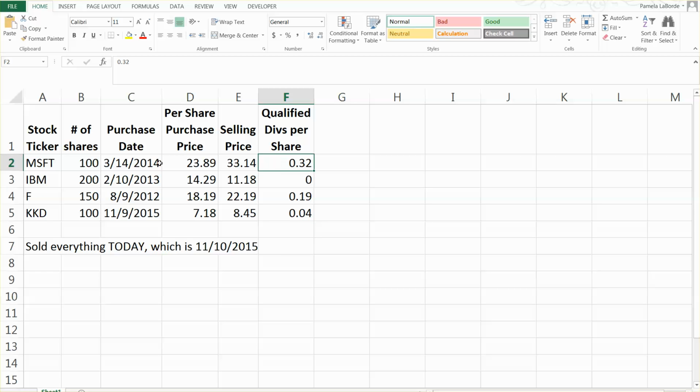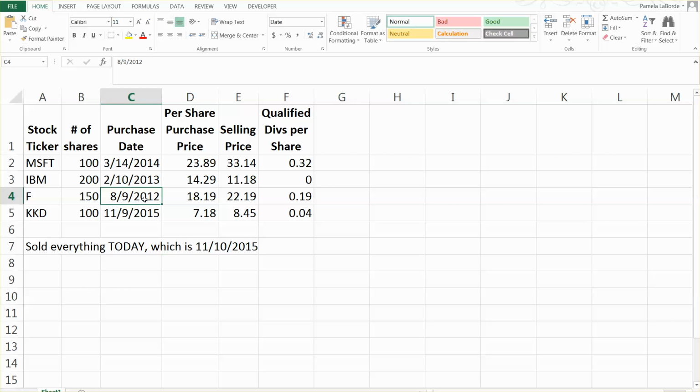Now, I bought my shares of Ford, I'm pretending, back in August of 2012, and I'm saying that Ford paid dividends totaling 19 cents a share at points from the timeline of August 9th, 2012 through today, which is November 10th of 2015. So these taxes that I'm going to owe on the dividends, I'll have to pay them at different points in time.